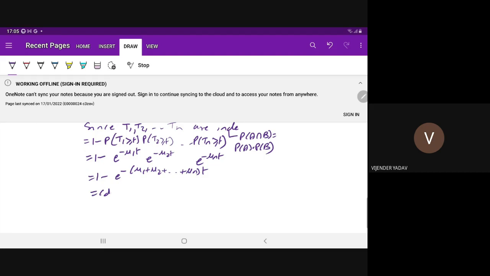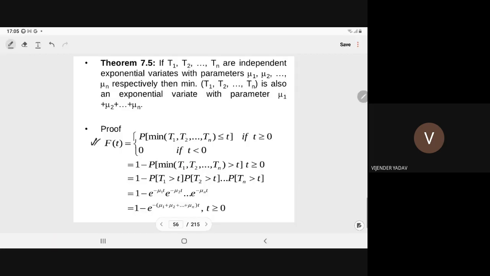This is the CDF of an exponential distribution with parameter mu1 plus mu2 plus ... plus mu n. The same thing we have in the theorem. Clear? Any doubt? Anything you want to ask?